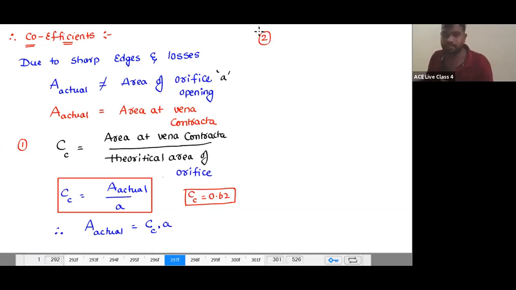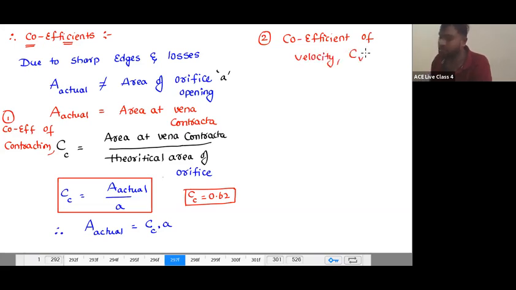Now see, this is one. And the second one is the coefficient of contraction, CC. Now similarly, let's see the coefficient of velocity, represented with CV.